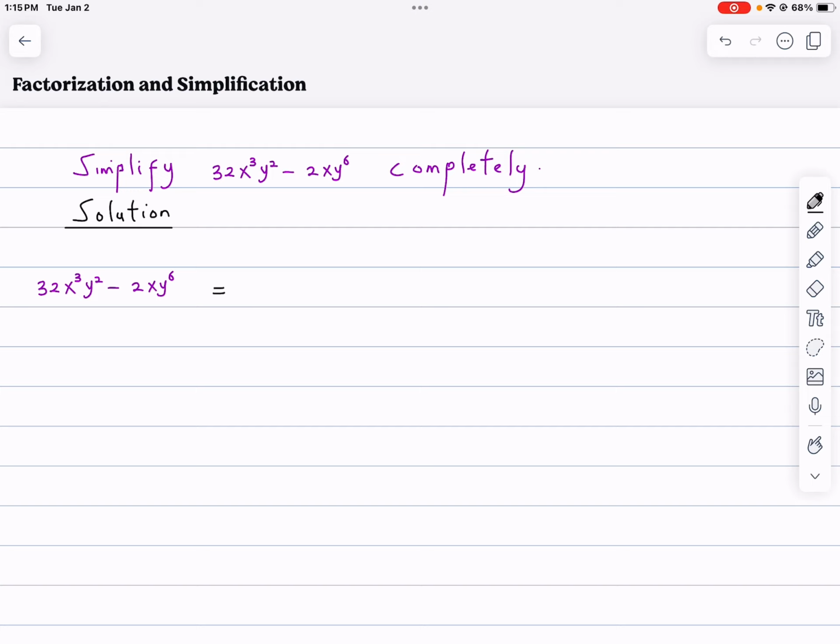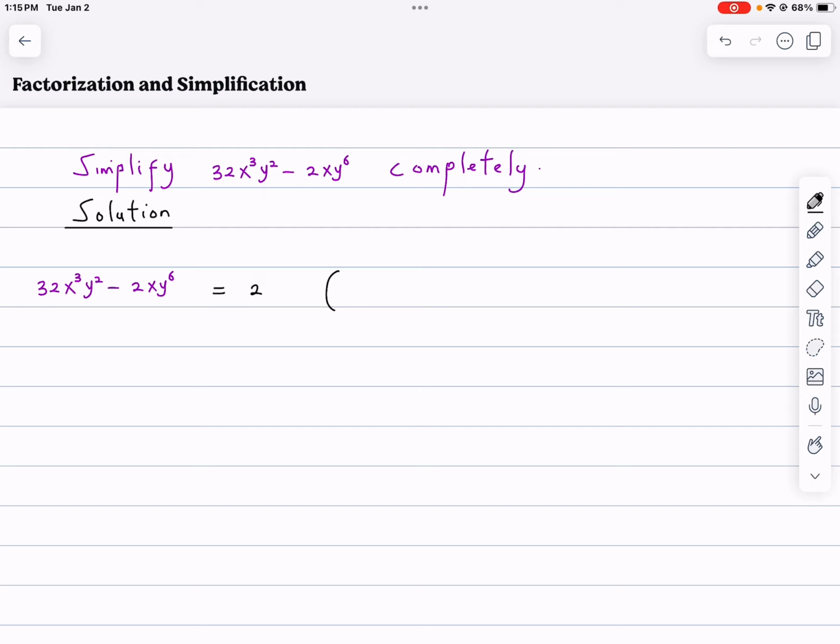are some common factors. In this case, we just have two terms in the expression. So if you look at the first term, which is 32x cubed y squared, and the other term, which is 2xy to the power of 6, 2 is common, so I can pull out a 2.